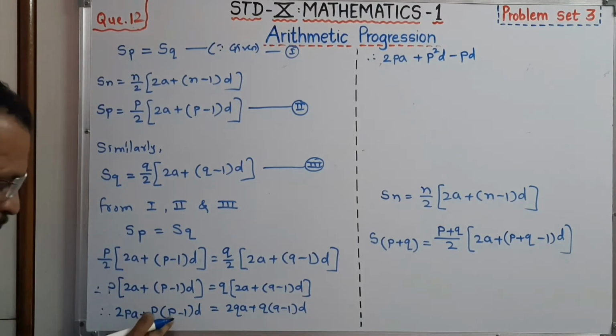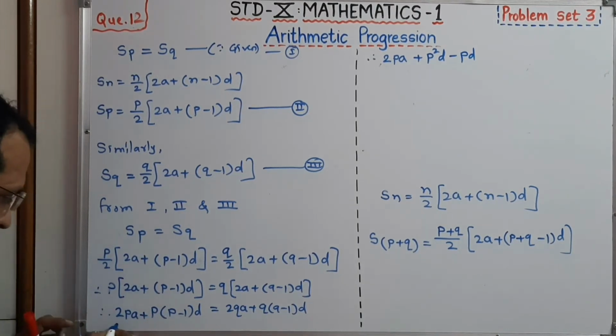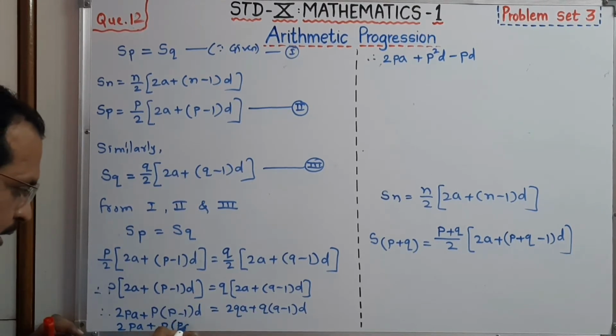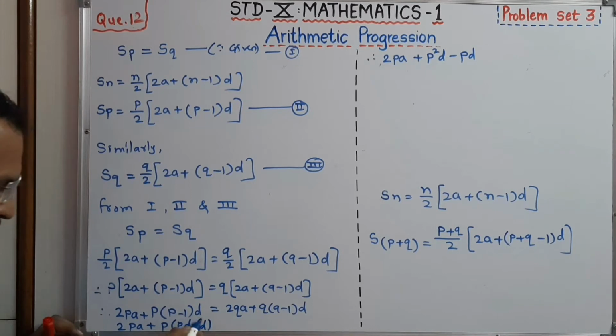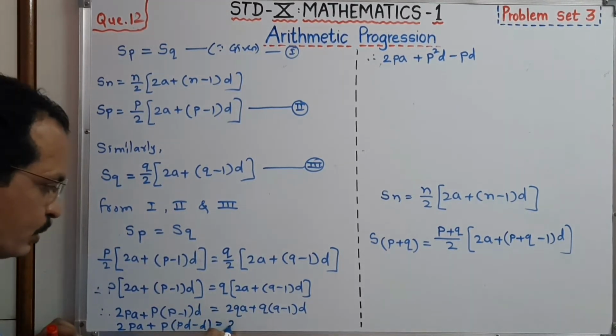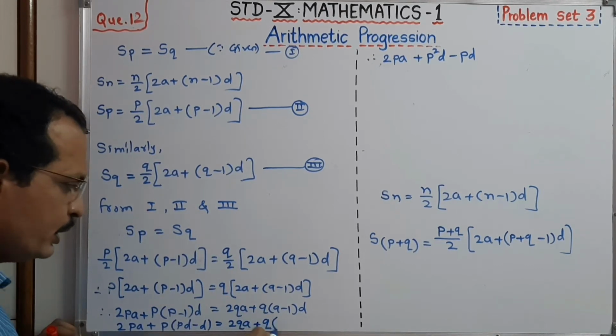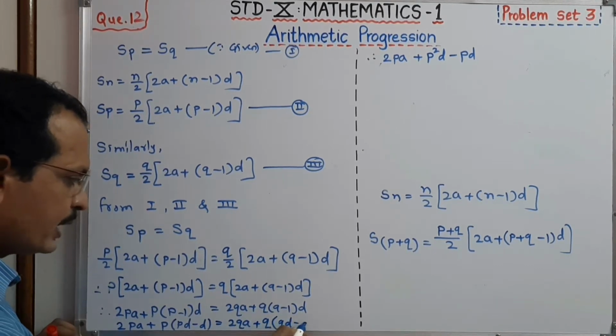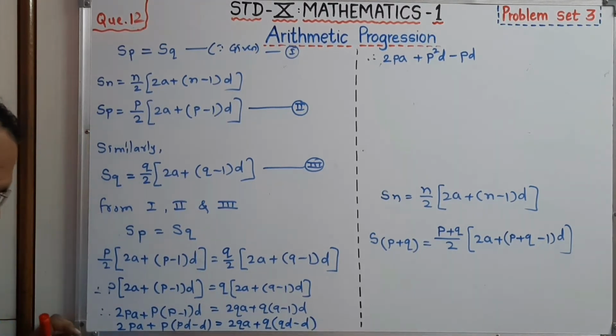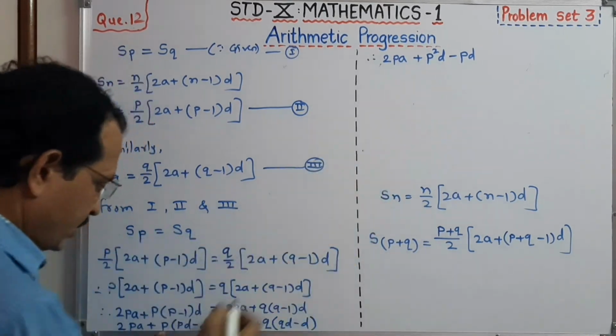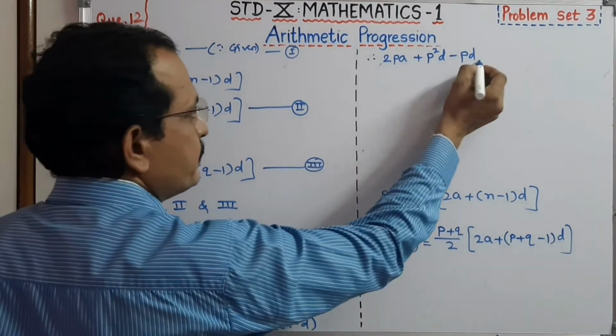See, if we write 2pa plus p into pd minus d and do the multiplication, it is like this, then here 2qa plus q into qd minus d. Now see here, 2pa as it is, p into p is p square into d minus pd.